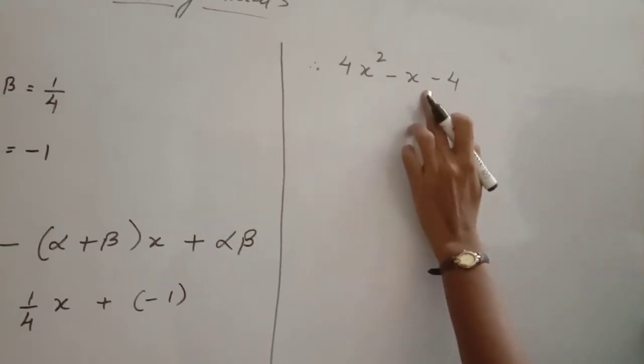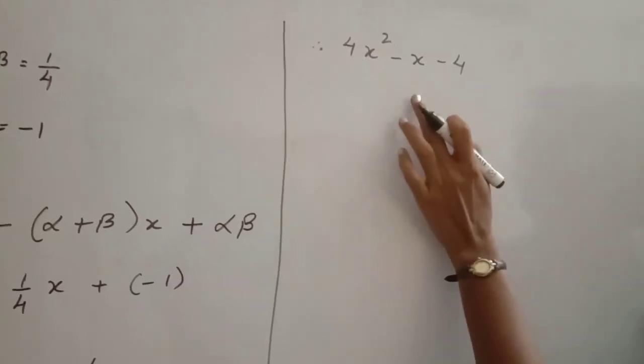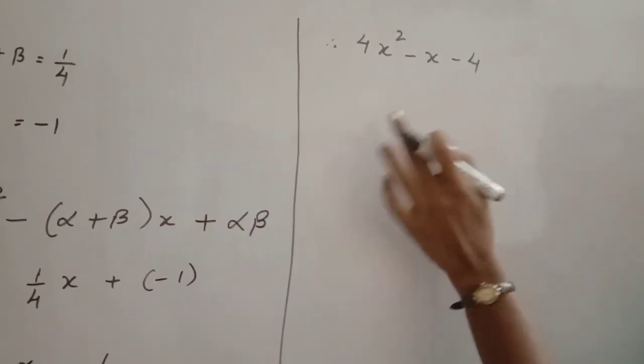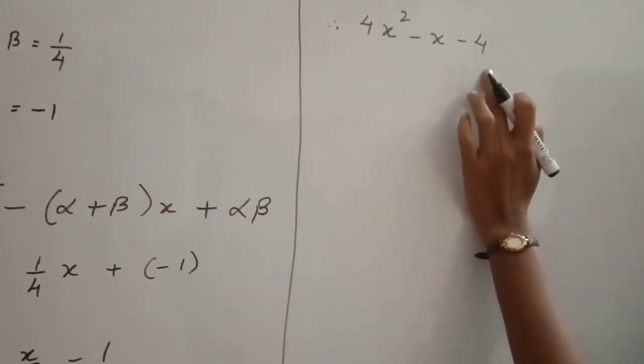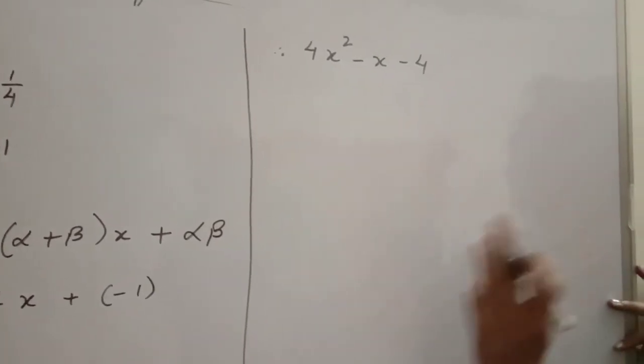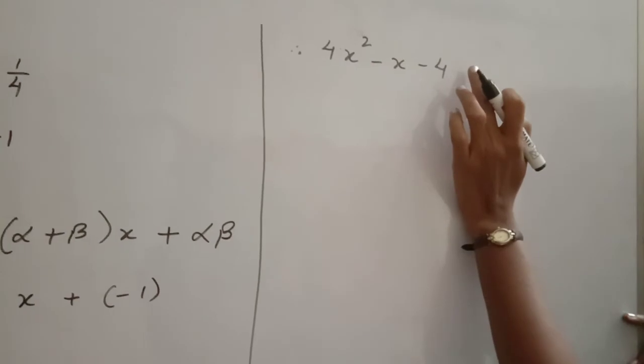If I solve this, I will get alpha plus beta equal to 1 by 4 and alpha into beta equal to minus 1. So in this way we can convert. If we are given the sum and product, we can find the quadratic polynomial.